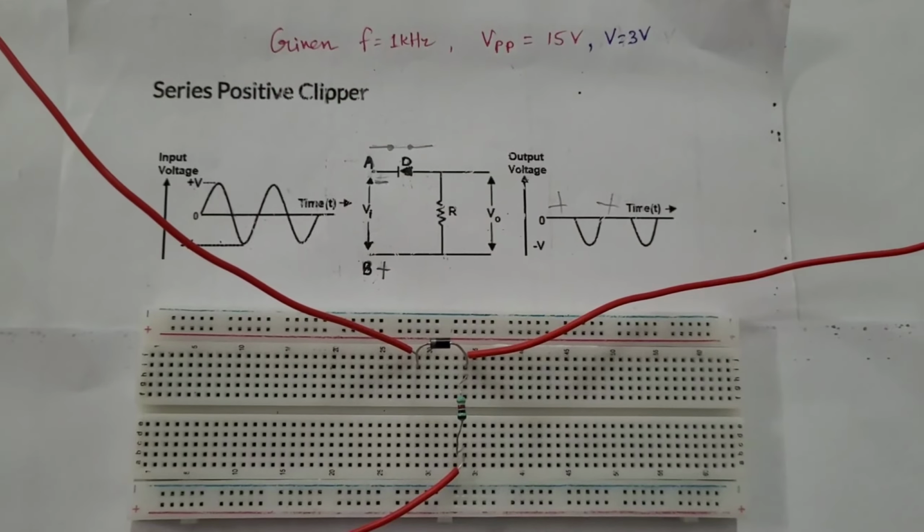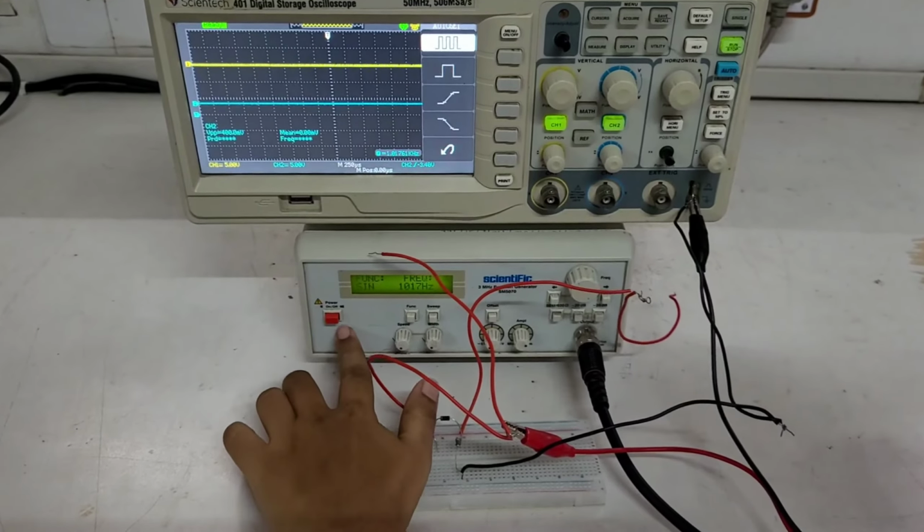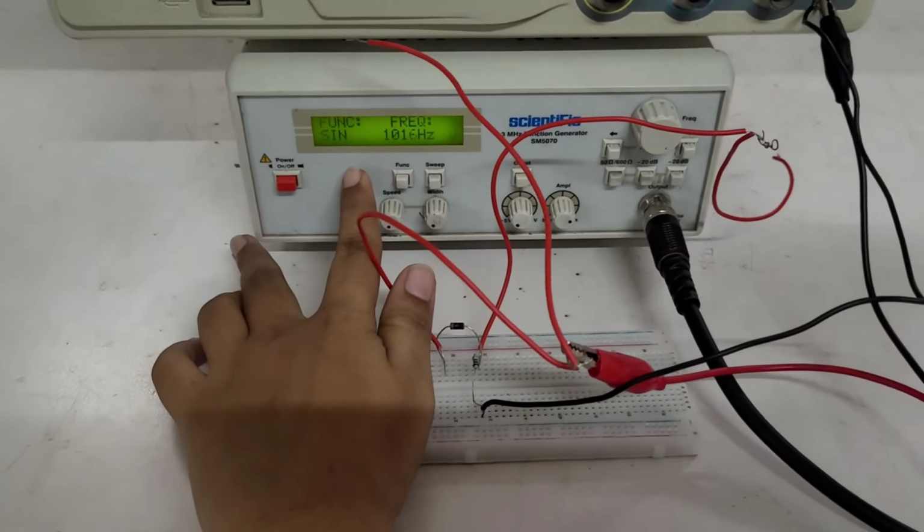We will use function generator as the input source for the clipper circuits, and output will be observed on the DSO. We will consider the frequency of input signal to be around 1 kHz and its peak to peak voltage to be 15 volt and the biasing voltage to be 3 volt for positive as well as negative bias.